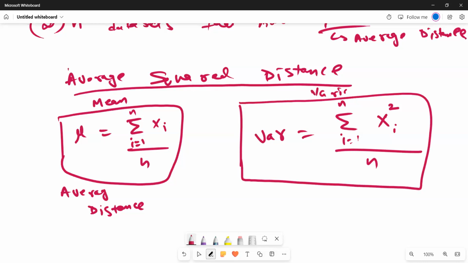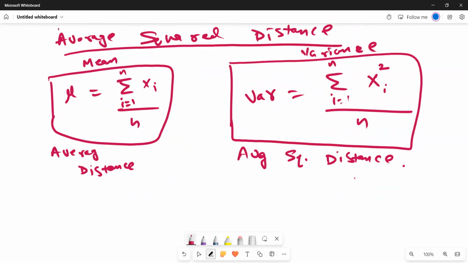This is variance, the average squared distance. This particular figure tells you about the spread of the data, how your data points are spread. Variance tells you about that.